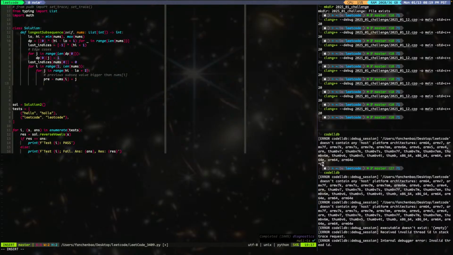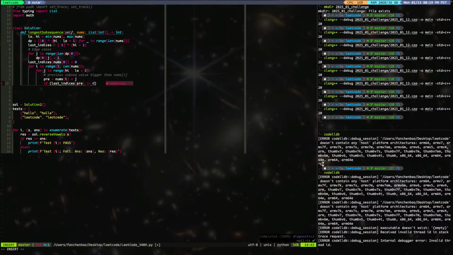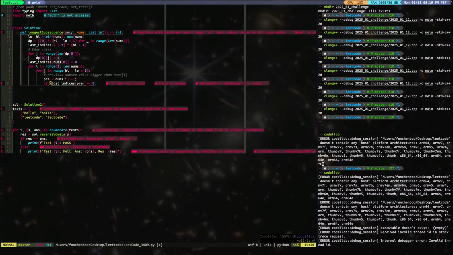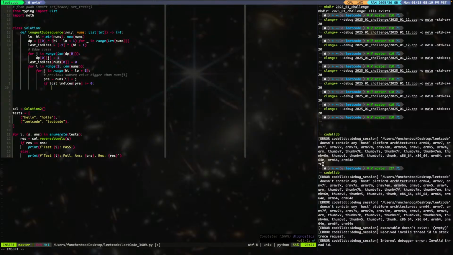And then we can say if last indices pre is larger or equal to 0. Right, so the last index is larger than 0. That means we have it. And then we can go to, let's call it k equal to last.